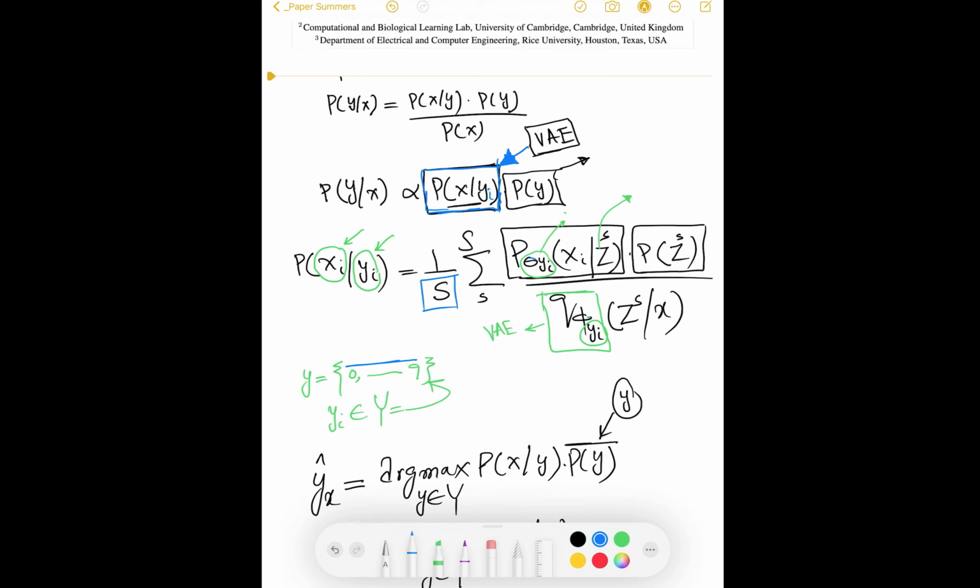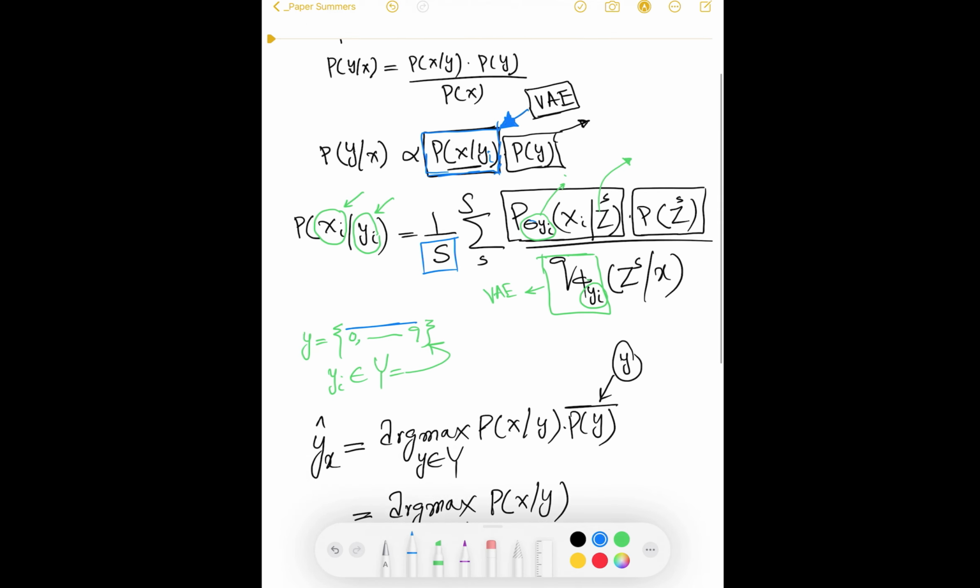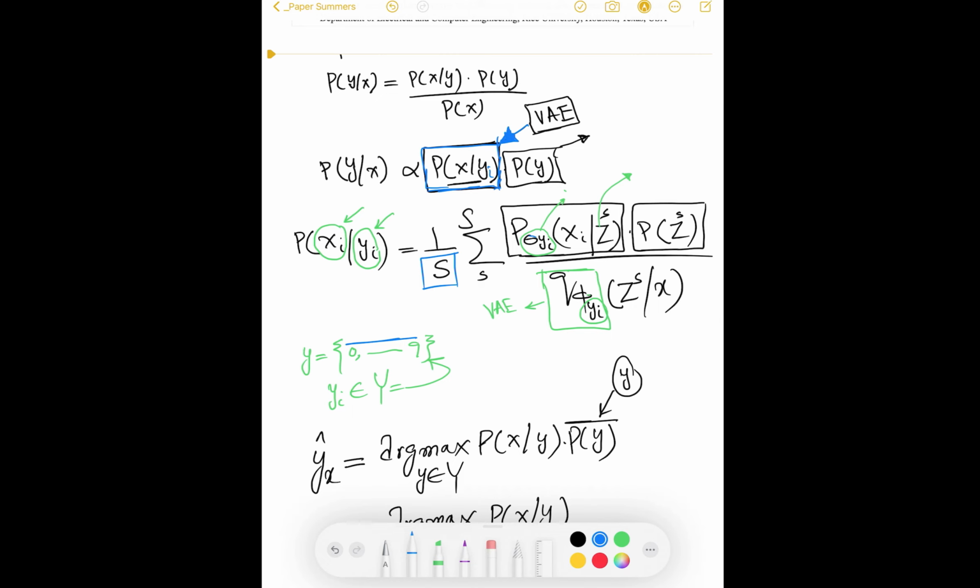So it means for each class we have the encoder and we have the decoder part of the variational autoencoder. So which means for each class, using the importance sampling, we can calculate the likelihood of a test sample belonging to a particular class, right?